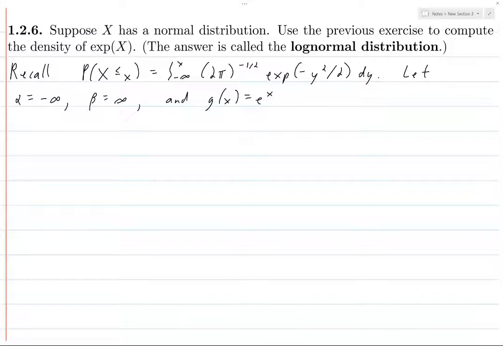And then alpha and beta are sort of like the maximum range that g is increasing and differentiable on. Certainly it's differentiable on the entire real line, so we just let alpha equal minus infinity and beta equal infinity.